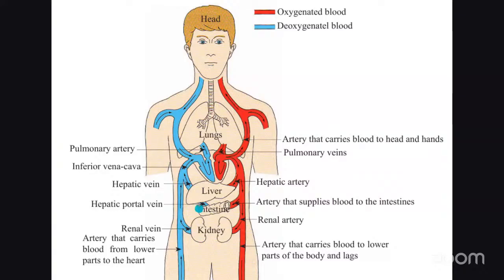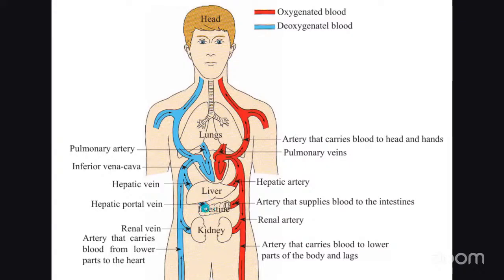Now, from the digestion lesson, all the nutrients are absorbed in the intestine, no? So this particular vein, the hepatic portal vein, is going to be having the nutrient-rich blood. That's how it's going to the liver. I remember someone telling me when I asked where the blood from the intestine goes, they said it goes to the liver.